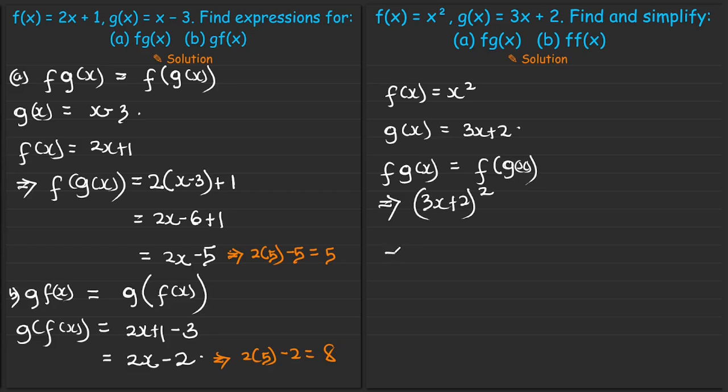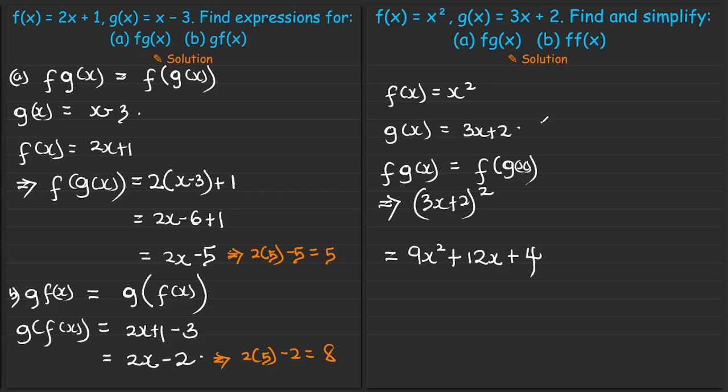You see, so squaring this, we have 3x squared, which gives us a 9x squared plus 2 times 3 is 6 plus 2, we have a 12x, and then plus 2 squared, which gives us a 4. This is our answer. I use the Pascal's triangle to do this evaluation.